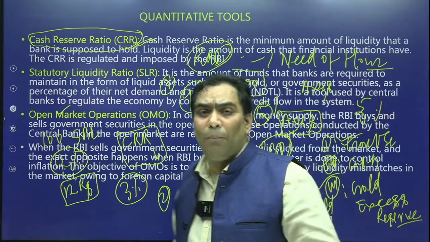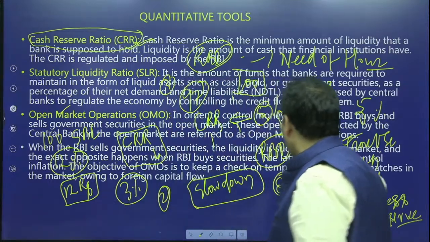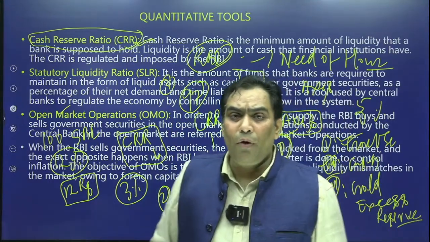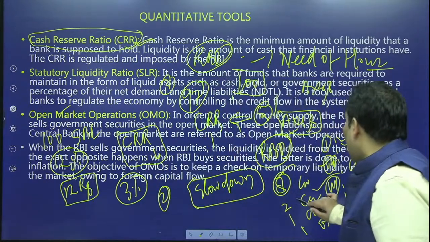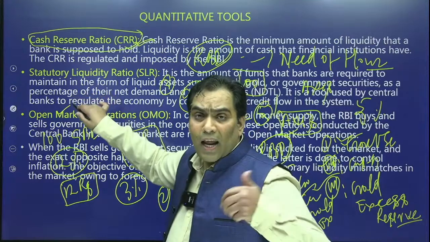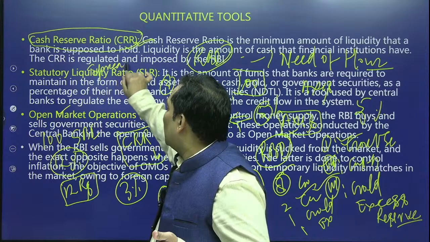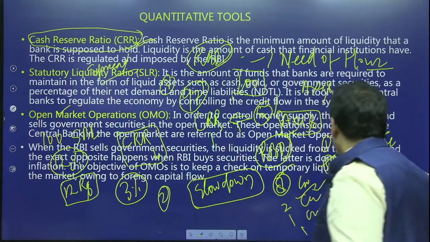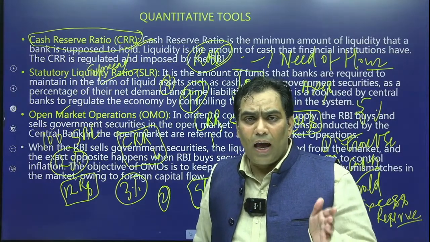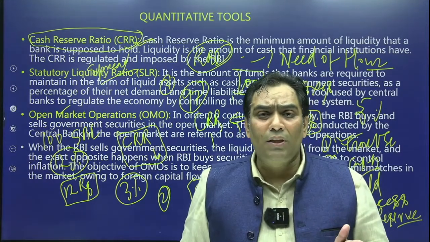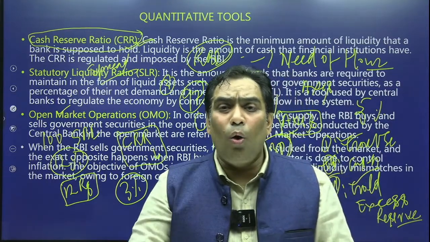The maximum amount of SLR they want to maintain is in the form of government security, because if they maintain it in cash, that will decrease their spread, as they can lend out less cash to the market. And although they can maintain it in gold, RBI discourages commercial banks from maintaining SLR in gold or cash.